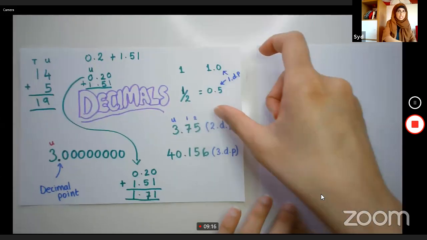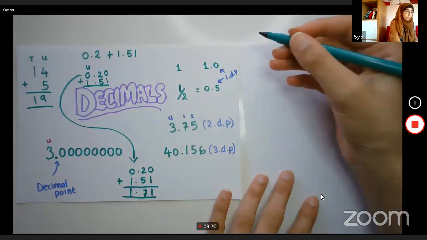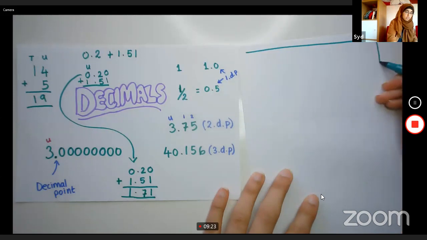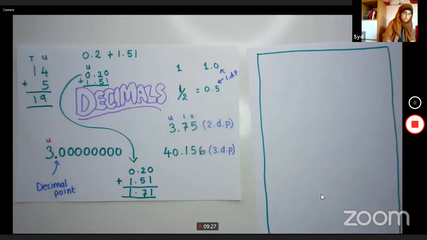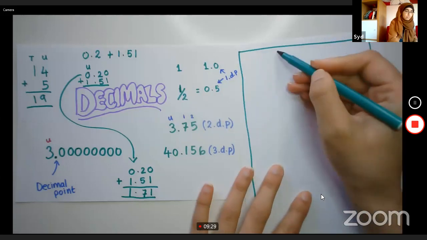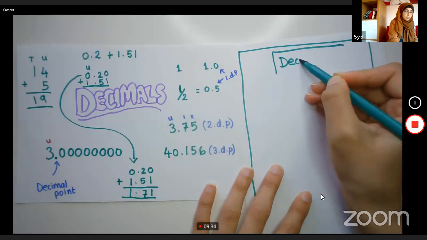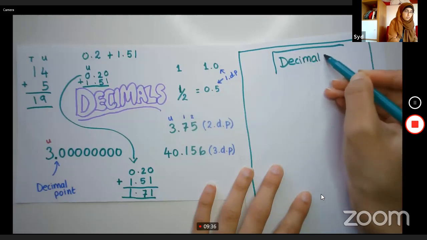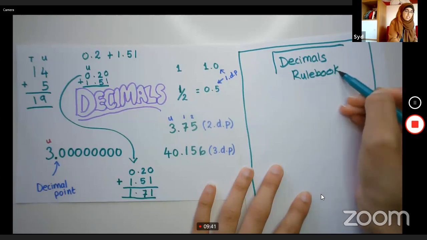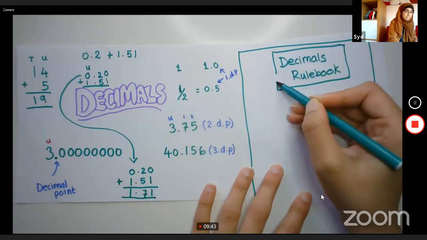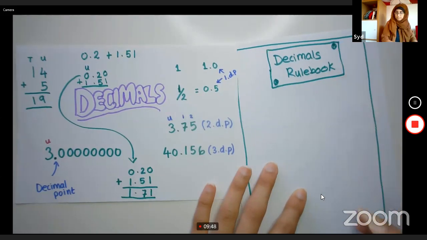Right, so we're going to make a decimal place rule book. Okay, so what we're going to do is I'm going to create a box here, and I'm going to write over here decimals rule book, and we're going to write a couple of things that we have noticed today with decimals. I'm going to make it look like there's screws in the corner.